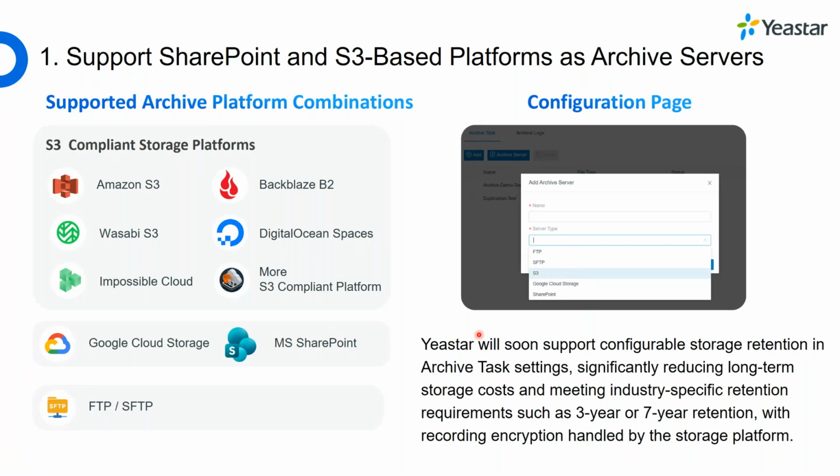The new feature for the next firmware is that we will support configuring storage retention in our PBS. While you set up a new archive task, you can set a retention of maybe 19 days, 3 months, or 7 years. This will help our customers keep their recording files compliant with policy.